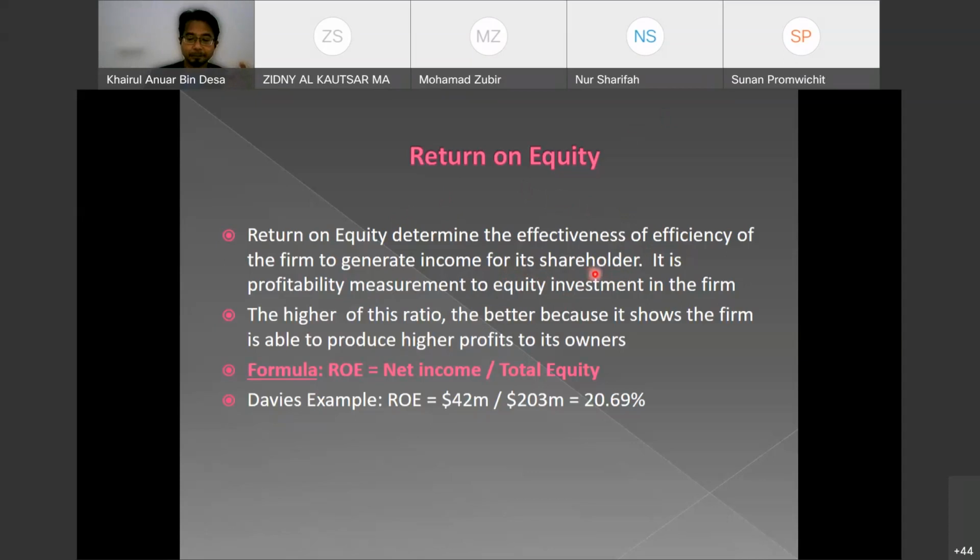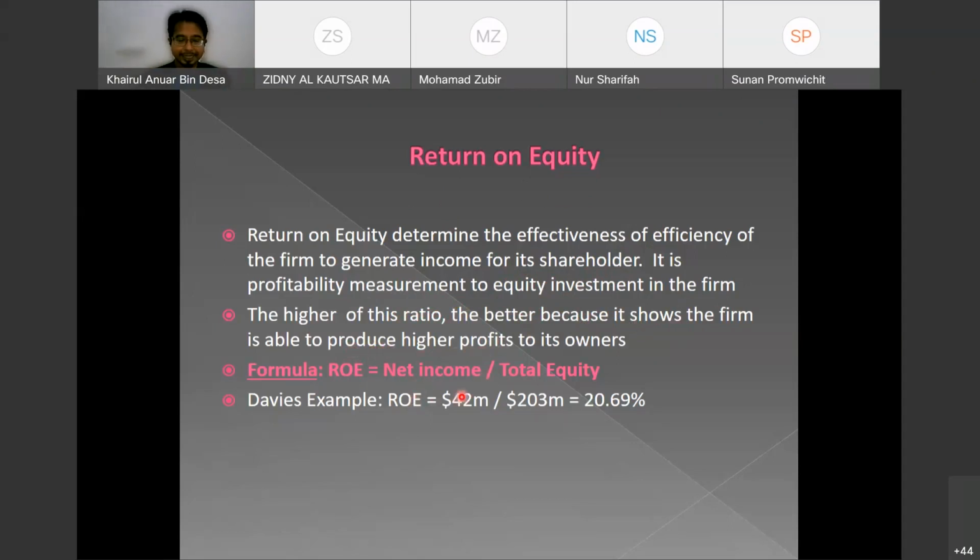Untuk pemegang saham. The profitability measurement to equity investment in the firm. Higher is better because it shows the firm is able to produce high profit to the shareholders.